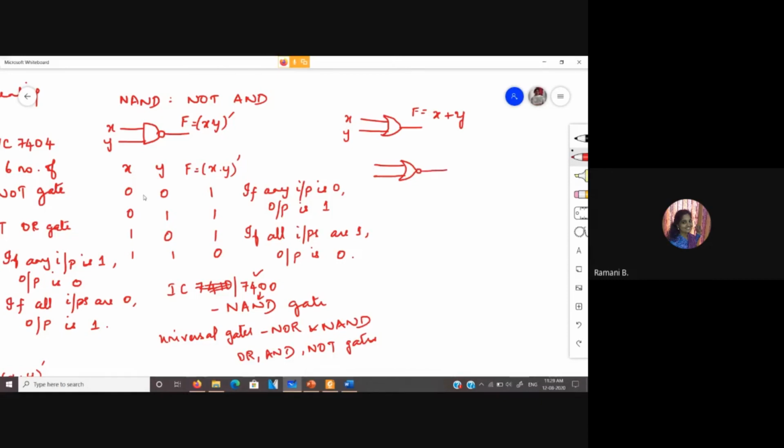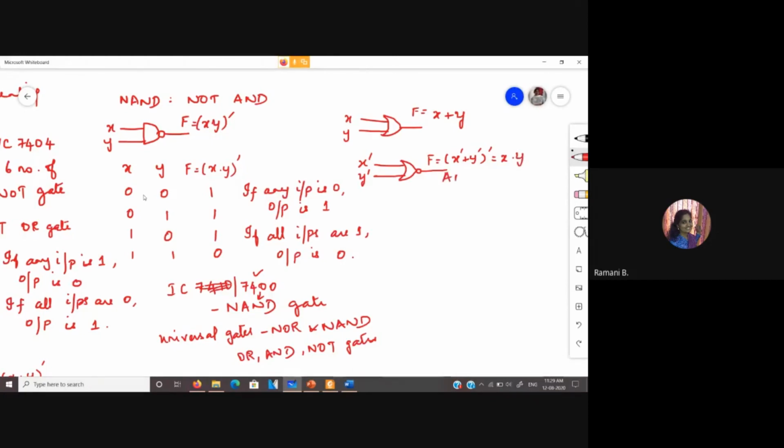so as such, this will give me the complement of this one, right? So if I am going to have this as x bar, y bar, this is going to be x bar plus y bar the whole bar, which is nothing but x dot y.